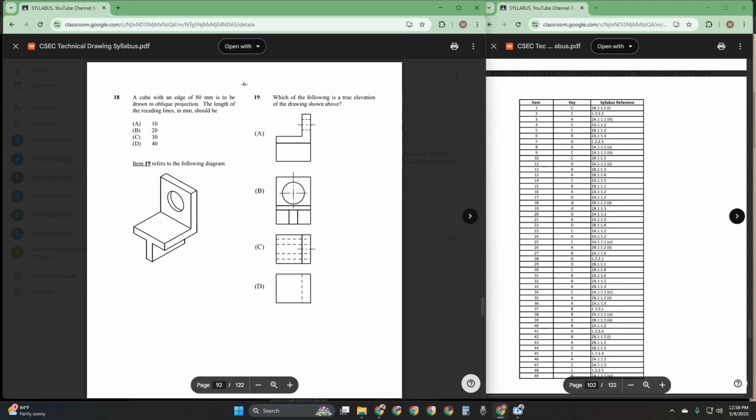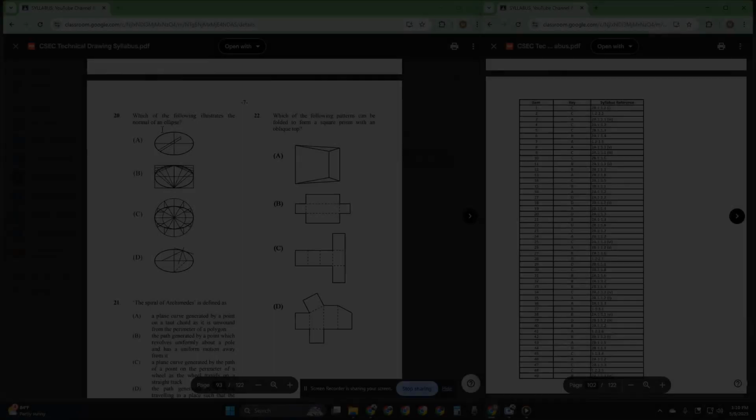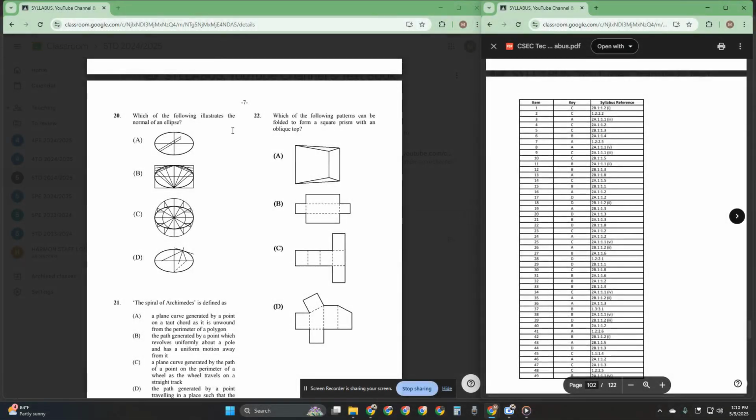Number 19, A. A looks correct. B is almost correct, but it has an error. And it's not C or D. So number 19, A. Number 20, which of the following illustrates the normal of an ellipse?